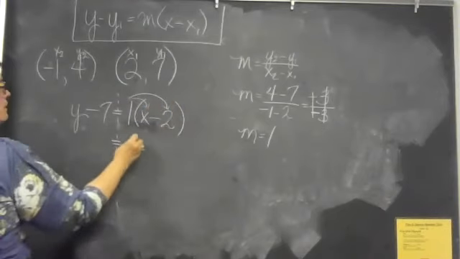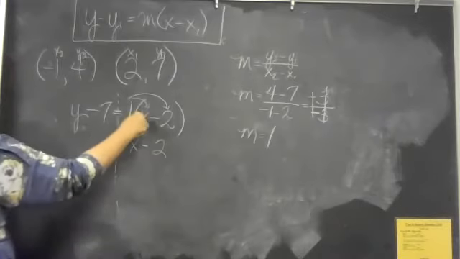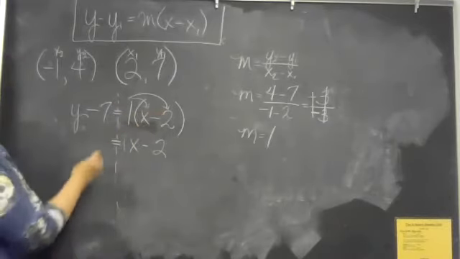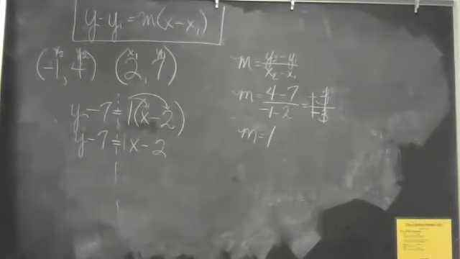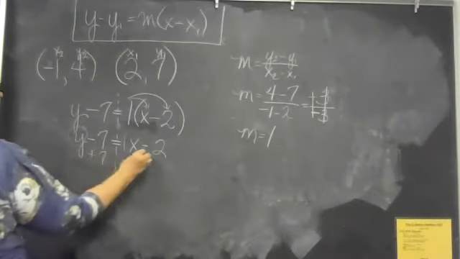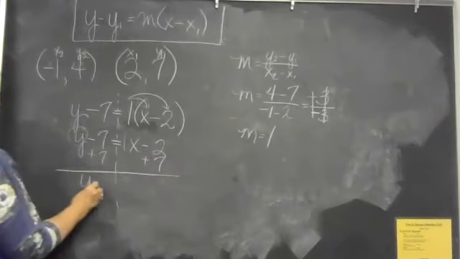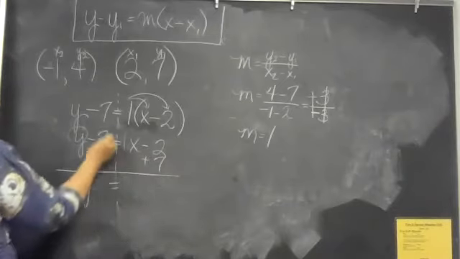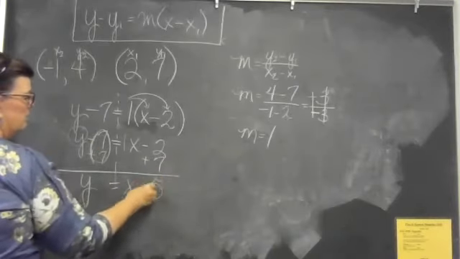So now I have x minus 2 because it's 1x. 1 times x, 1 times a negative 2 equals y minus 7. In order to get my equation of a line, and they like it in slope-intercept form, that means we're going to solve for y. And the equation of this line is y equals x plus 5.